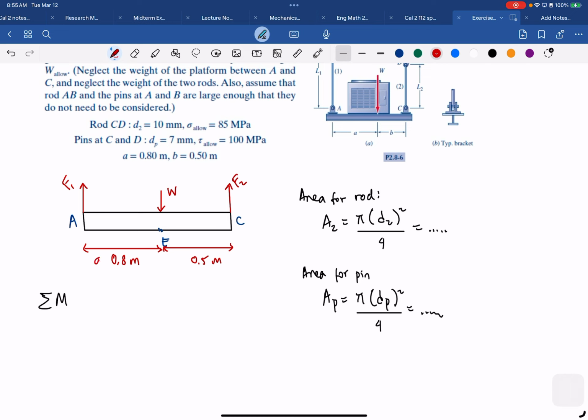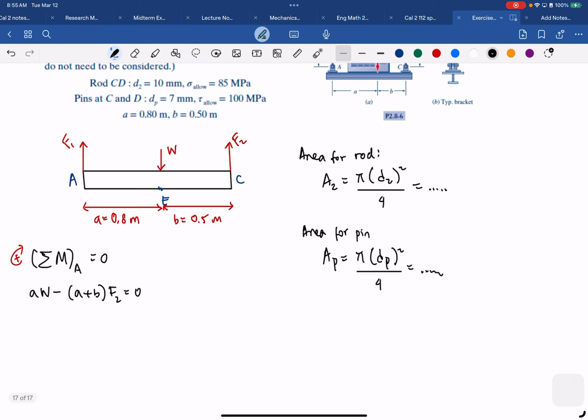This is A, this is B. So sigma moment at A equals 0, taking this positive. So W A minus (A plus B) F2 equals 0.